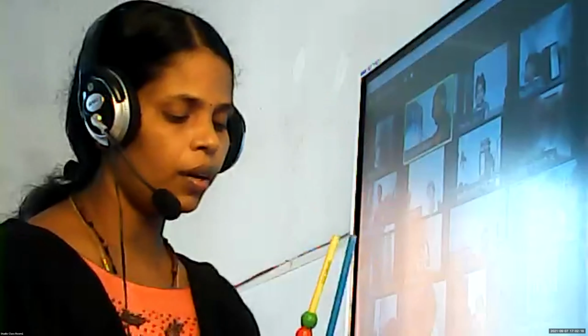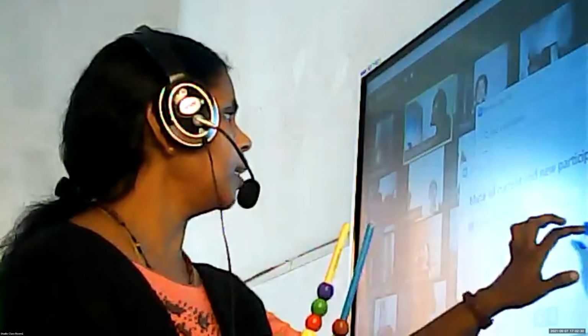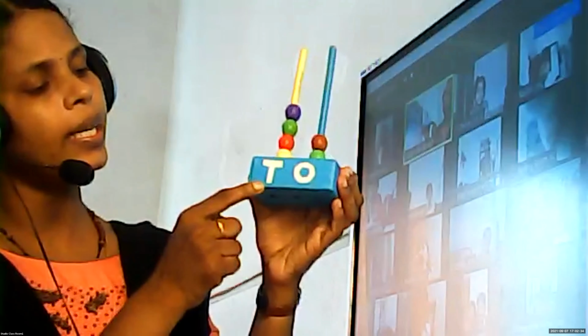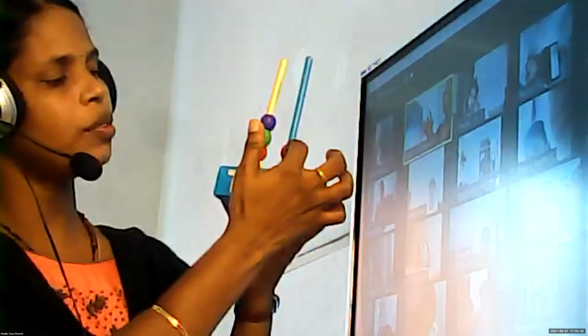Now, see, what's the number? 3 tens. Okay. Now 4 ones. Now I'm showing beads on the one space also. Now please listen here. At the 10 space you can see 1, 2, 3, 4. In the one space you can see 1 and 2.